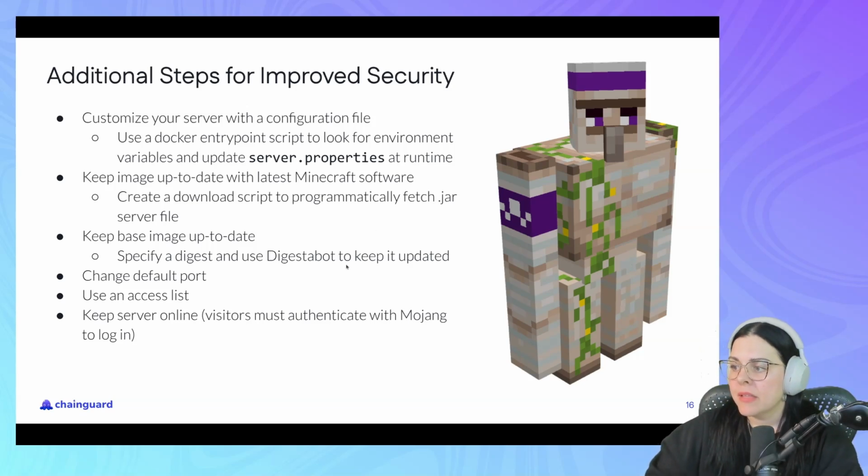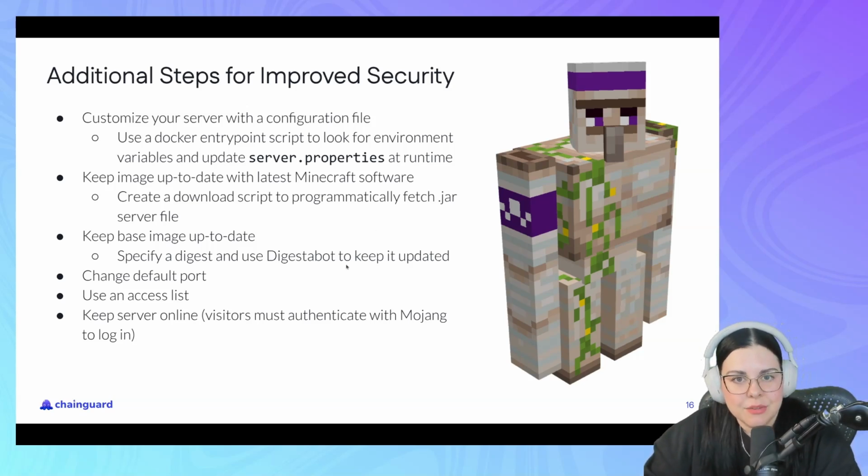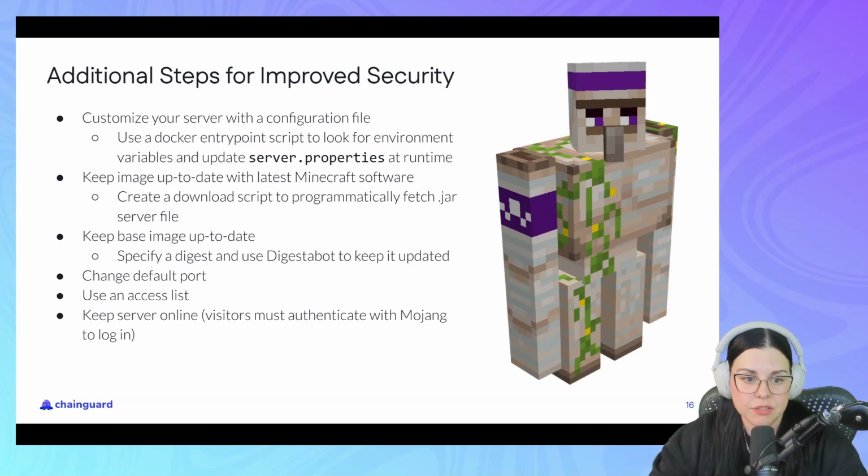Okay. So the first thing you want to do is customize your server with a configuration file. So the configuration file is called server.properties for the Minecraft configuration file, and it's located at the root of the installation folder. So there are mainly two ways to do that.